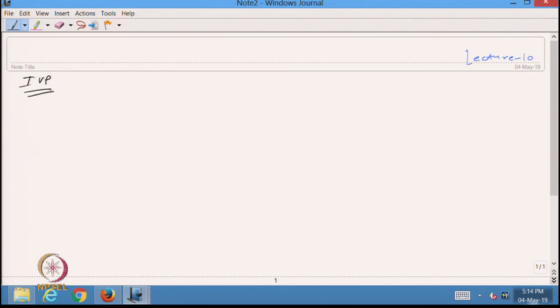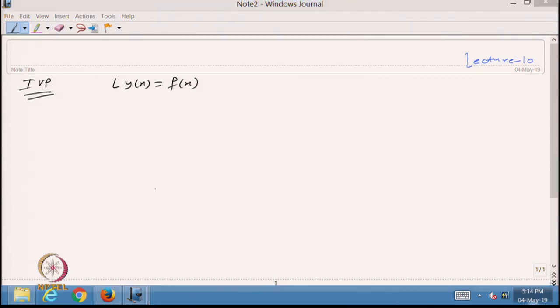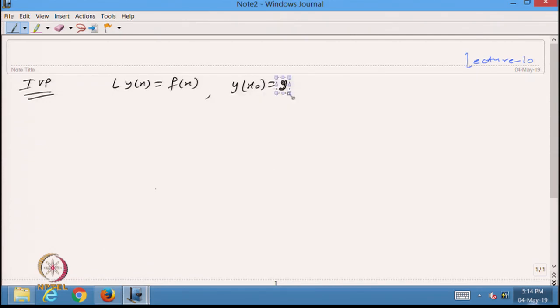In this case, suppose I have my second order differential equation, that is L y(x) is equal to f(x). This is the non-homogeneous equation, and in that case I have the initial conditions that y at x naught is some value, let us take it as y naught, and another initial condition, y dash at x naught.